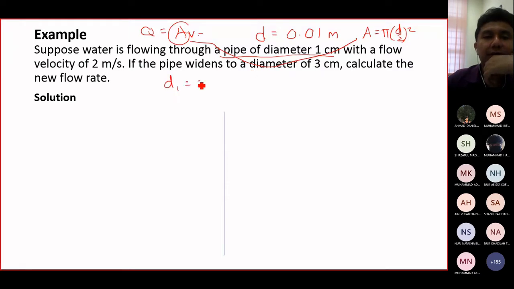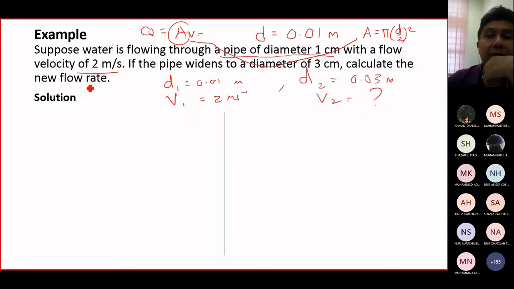So first diameter is 0.01 meter, with a flow of 2 meter per second. Now D2 is 0.03 meter, and V2 we don't know.